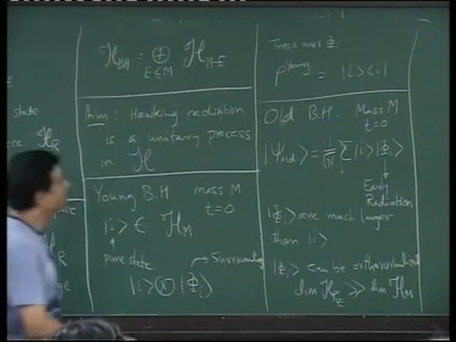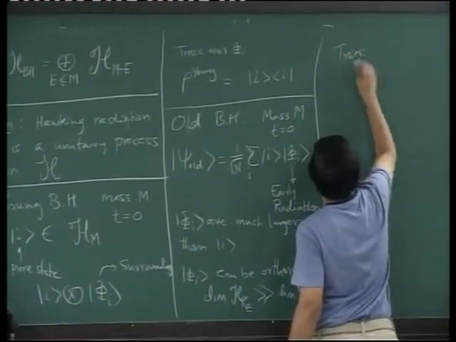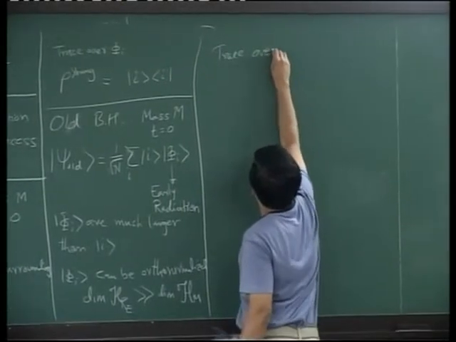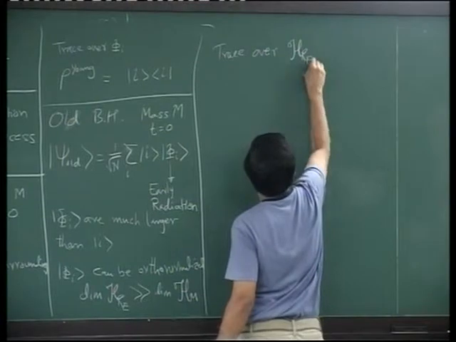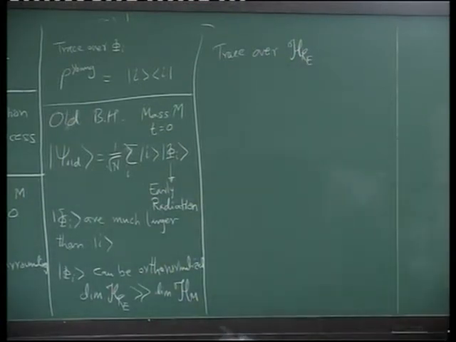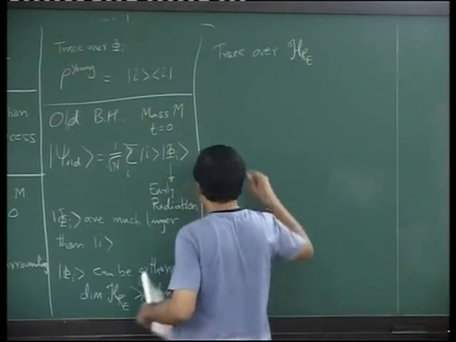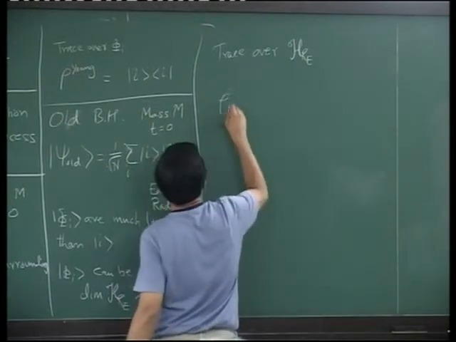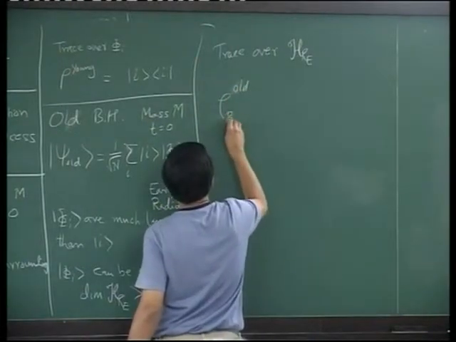Okay. So what we could do is trace over the early radiation, and write down the density matrix corresponding to the black hole. Okay. So if you do that, then because of maximal entanglement, you get H old black hole.